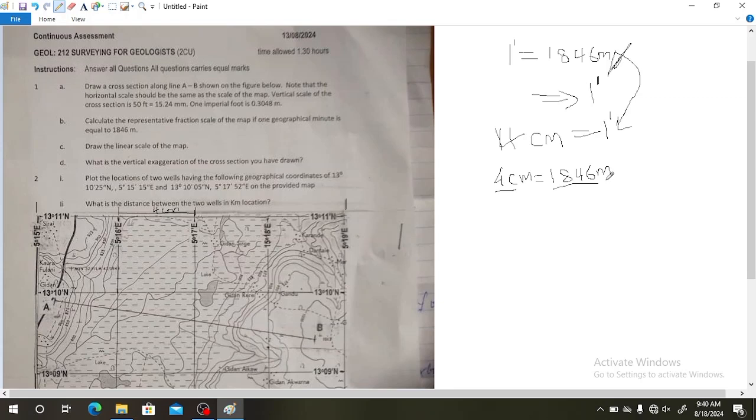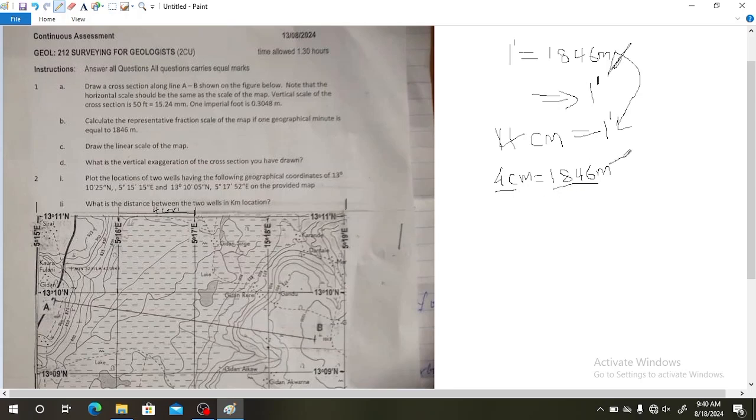We want to make them have the same units so that they can be a fractional scale. You cannot just leave it this way. How do you go about it? You can either convert this one to meters or convert these meters to centimeters. What I mostly do is convert them to centimeter, but you can convert them to meters, you will get the same thing.